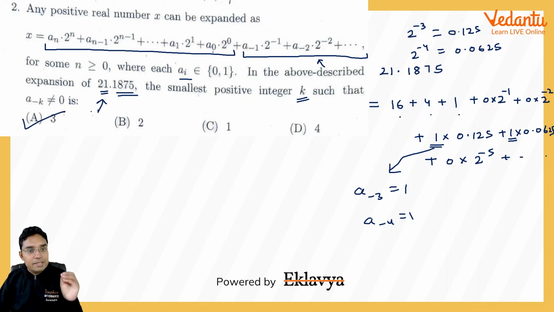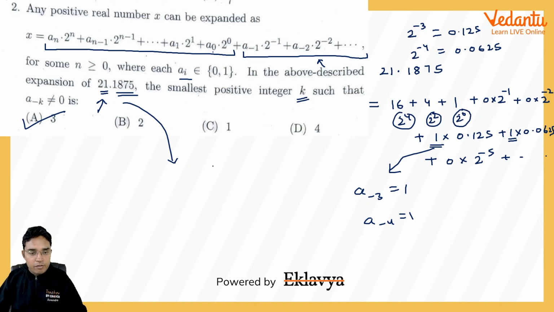Dear all, this is actually the binary representation of some decimal number. Here if we write this in the binary form, this is 2 power 4, this is 2 power 2, and this is 2 power 0. So if you write this in the binary form, it will be actually 10101.0011.